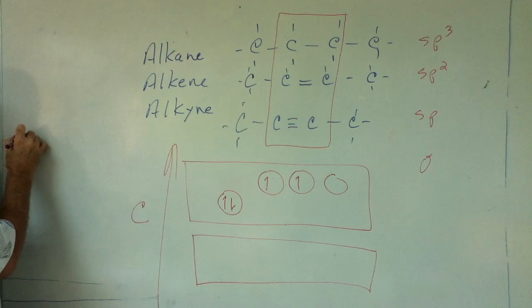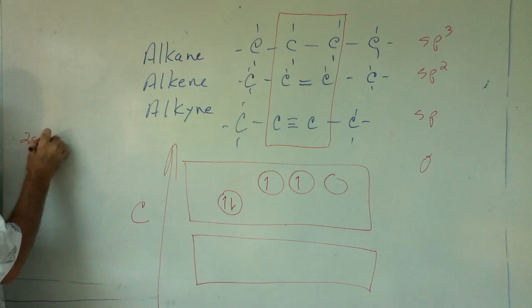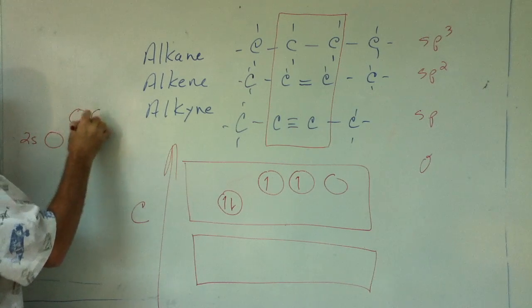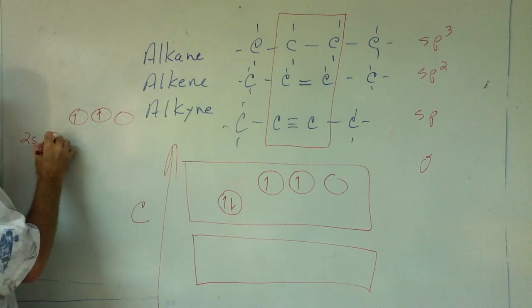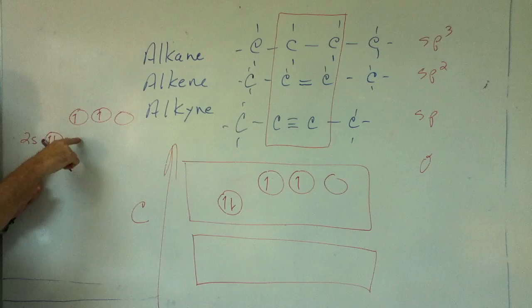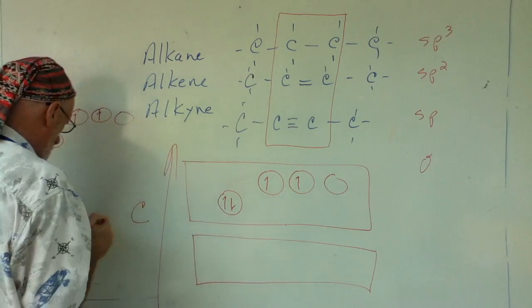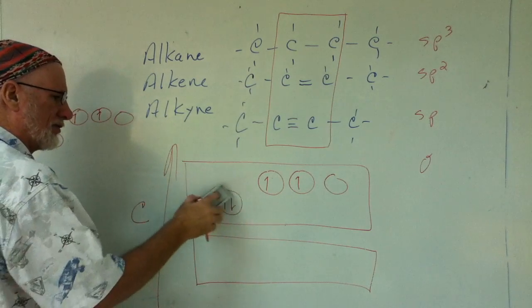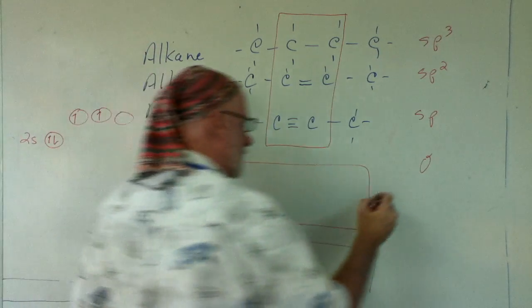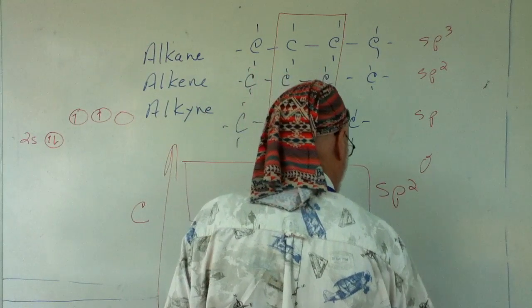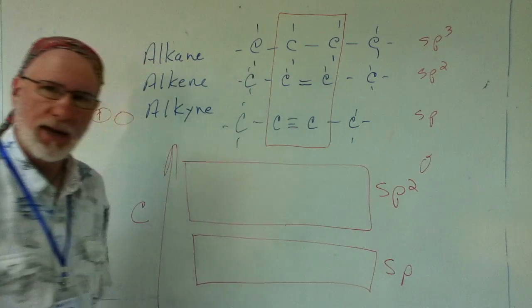This is going to be 2s, and this will be 2p, right? That's what it looks like before hybridization. And here, I'll draw the hybridized form. Okay, this is going to be sp2 and sp.